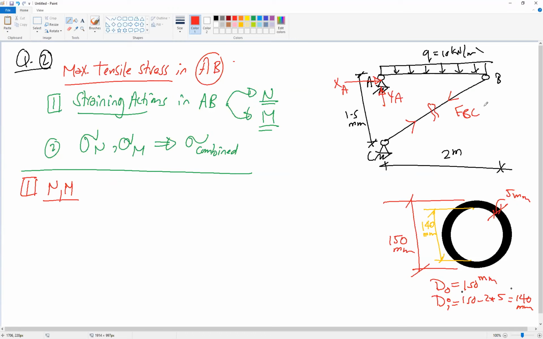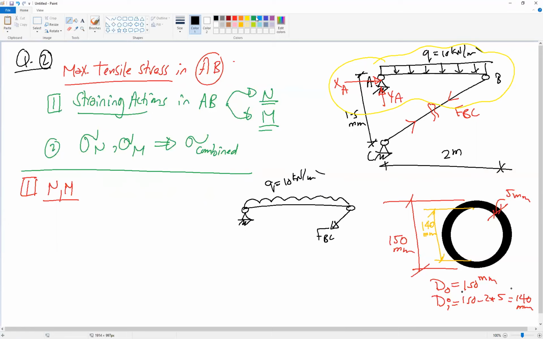So if I remove this part and just deal with this part, because we only need to deal with member AB, we will have FBC, and we have uniform load Q equal to 10 kilonewton per meter, and we have reactions XA, YA, and here FBC.